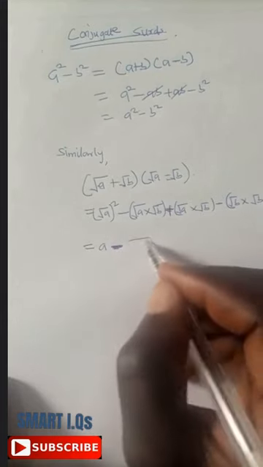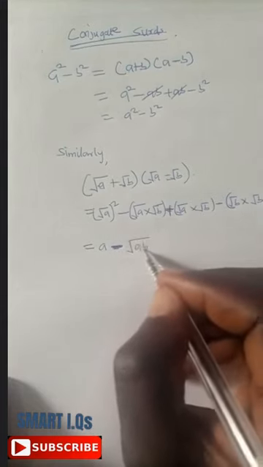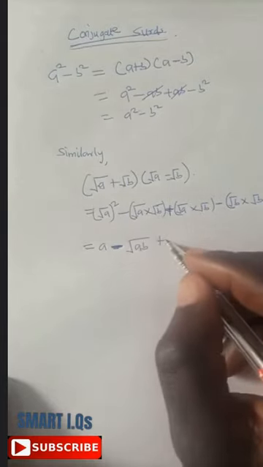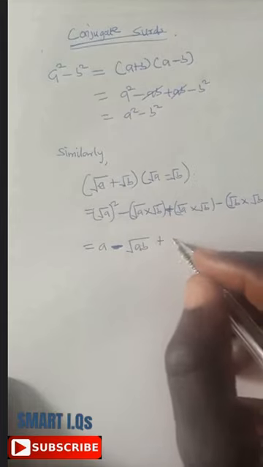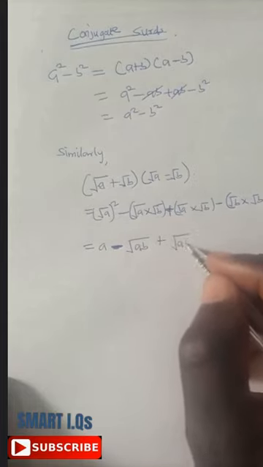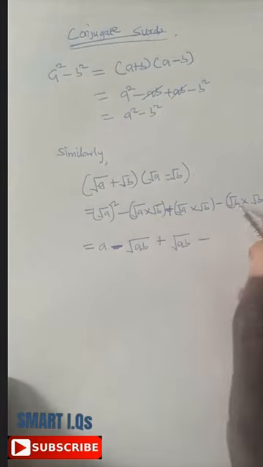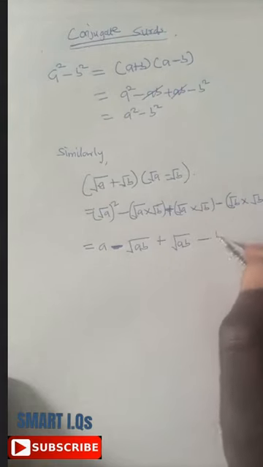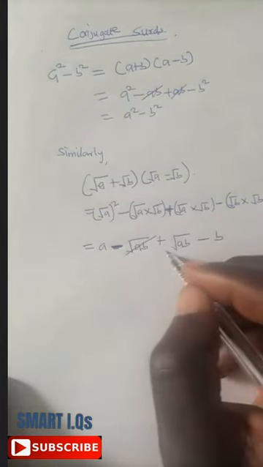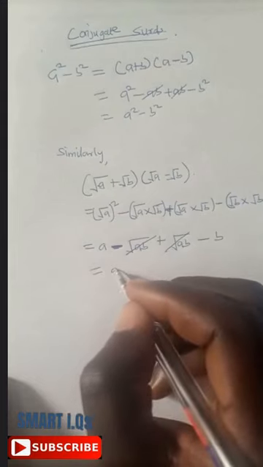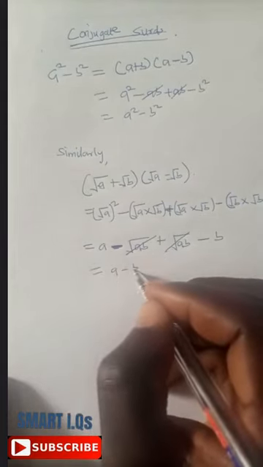That means I'm going to have a, then plus the square root of ab, and then minus the square root of ab. Then this will be minus the square root of b squared, which means b. So this will strike out, and we'll end up having a minus b.